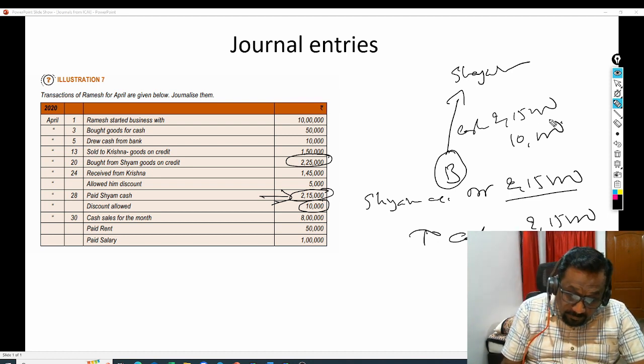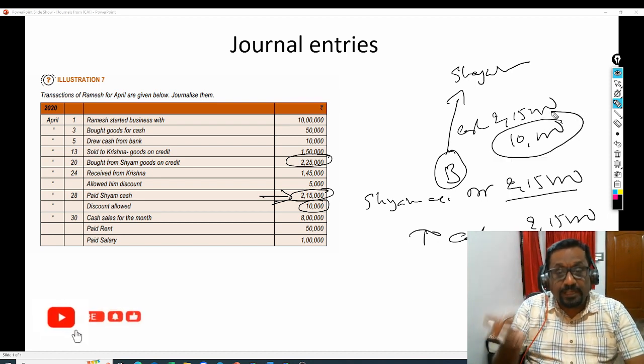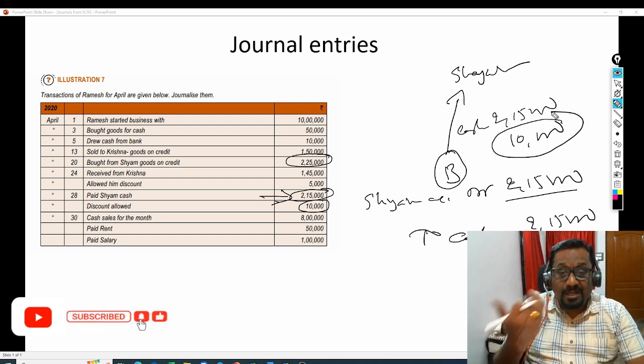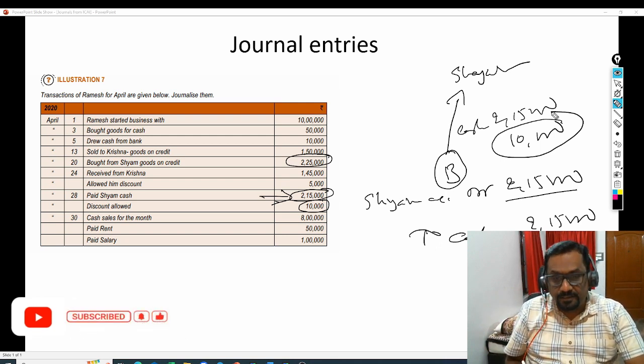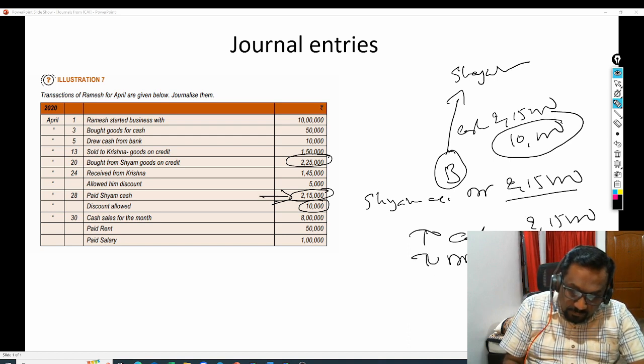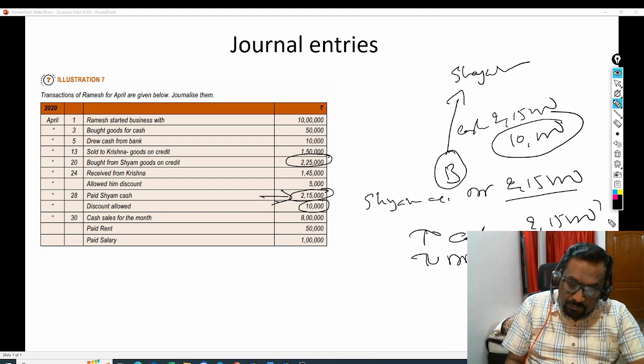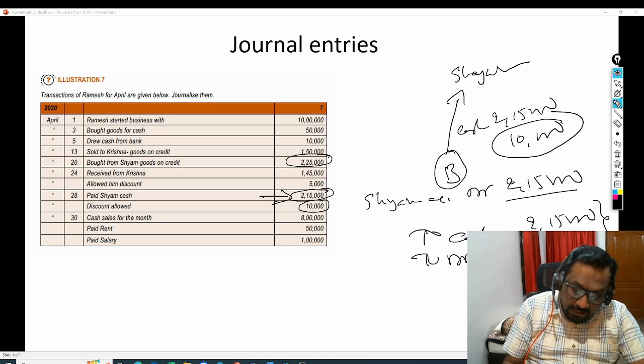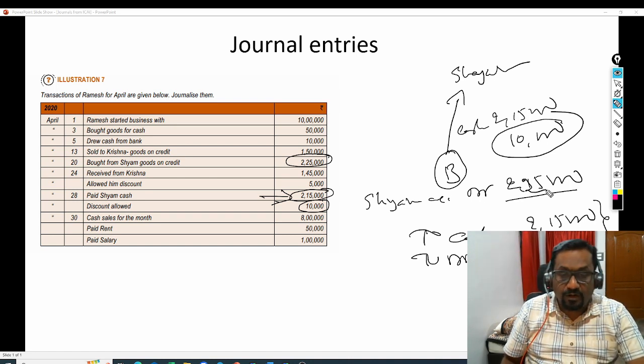But we received a discount of 10,000. Discount received is an income for us. So all incomes and gains are to be credited as per nominal account. To discount received 10,000. How much have we credited in total? 2,25,000. So how much are we supposed to debit here? 2,25,000, not 2,15,000.